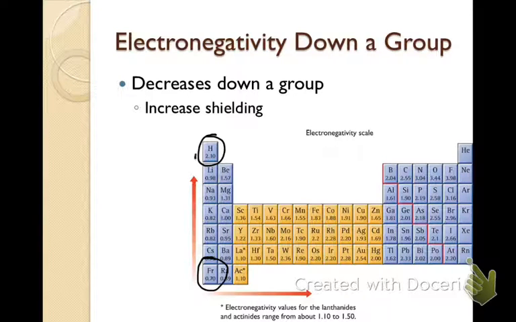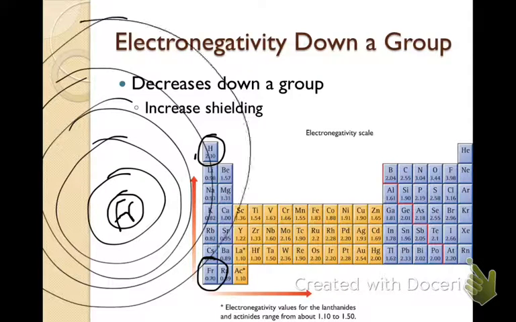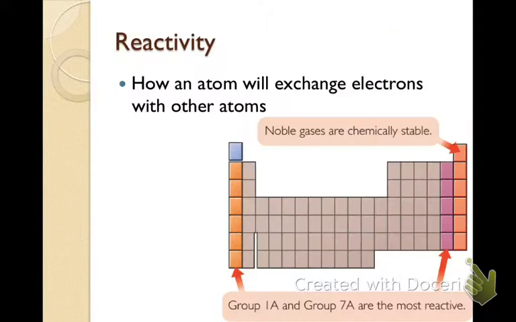Between the two, francium has the lower electronegativity value. And that's because of increased shielding. Since there are so many more energy levels between the nucleus of francium, there's a greater distance between the valence electron and that nucleus. So there's not as much nuclear pull going on in there.